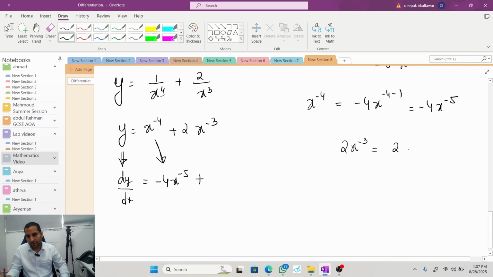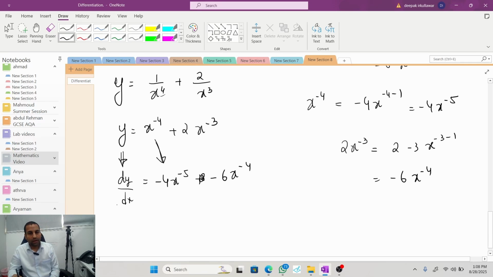Minus 3 will come out, x to the power of minus 3 minus 1. So 2 times minus 3 is minus 6, x to the power of minus 4. This is the answer. So just look at the question, change it accordingly, and you can solve.